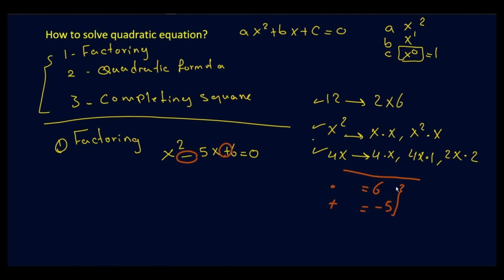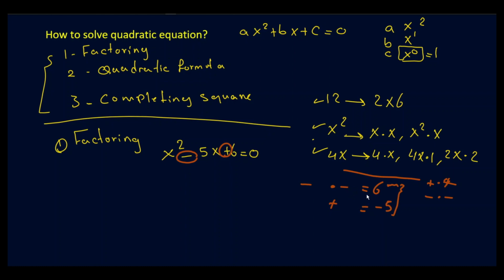In order to get a positive number, such as 6 over here, you will need positive times positive, or negative times negative. But over here, the result for the adding was negative, so the only option that we have is negative times negative. So for sure, over here, we're gonna have a negative number multiplying by a negative number.